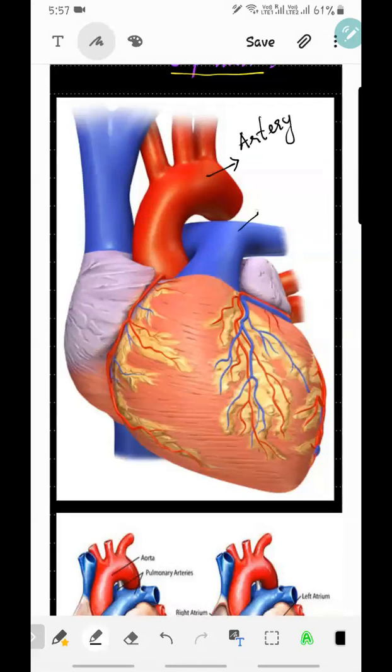If it is in blue color, then you have to think that it is a vein. Very important. Why? This blue carries deoxygenated blood, and this red color carries oxygenated blood.